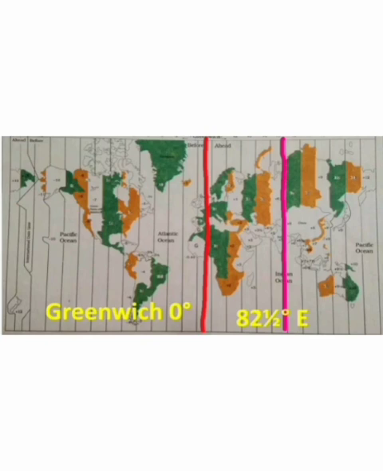So, it is therefore necessary to adopt the local time of some central meridian of a country as the standard time for the country. So, in India, the longitude at 82 1/2 degrees east is treated as the standard meridian.